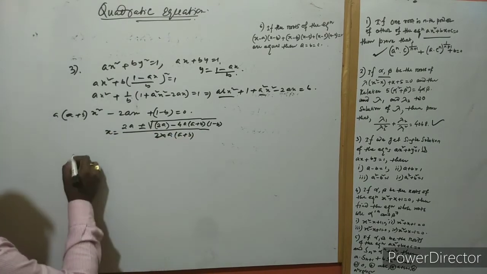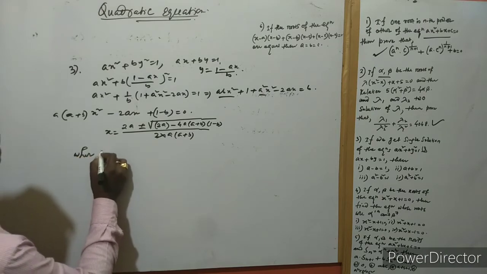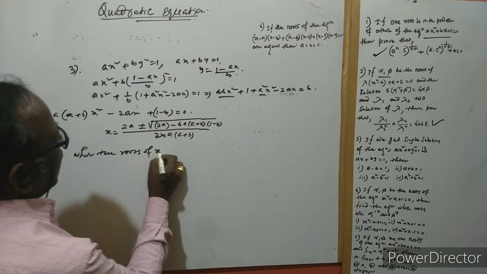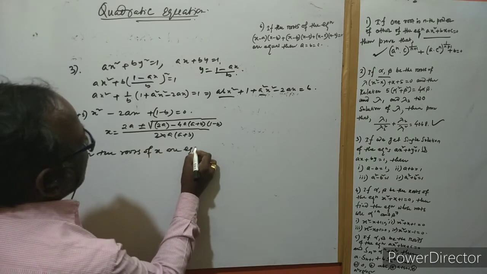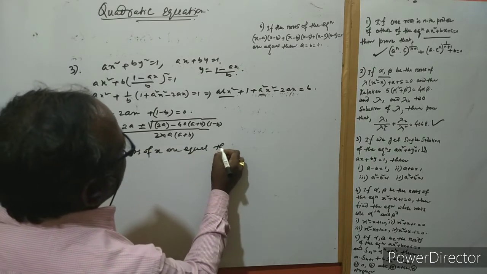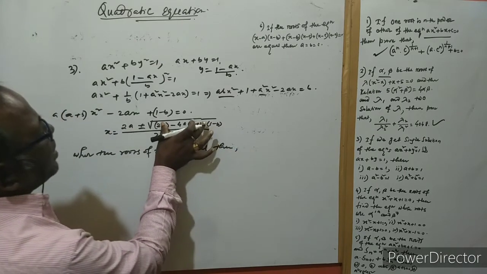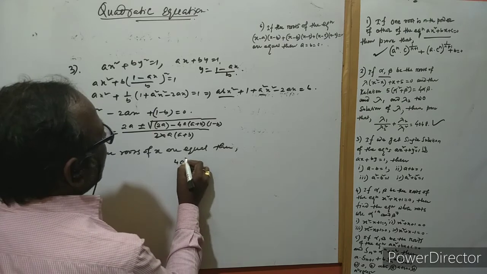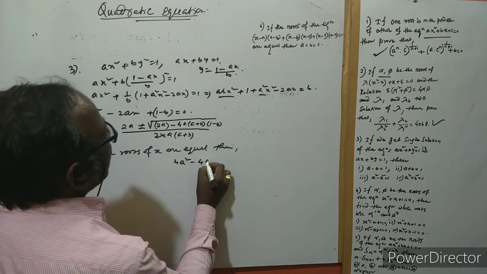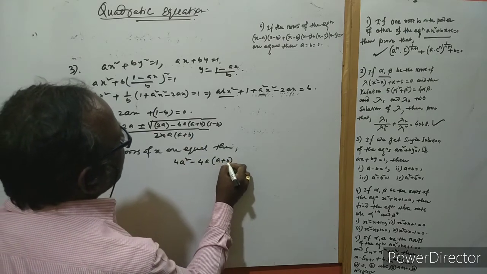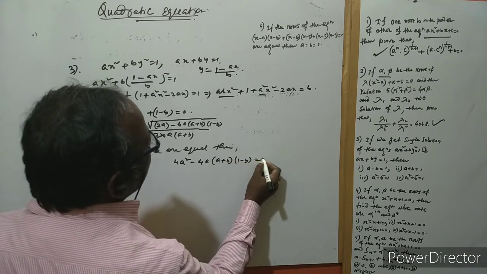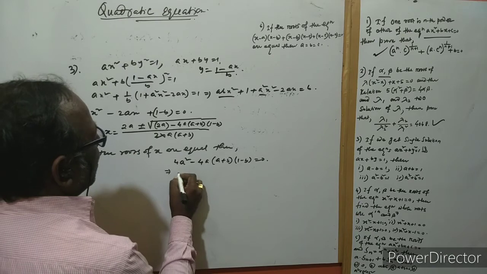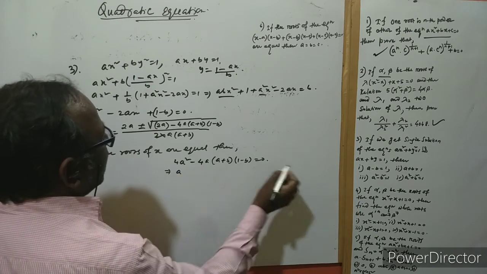And when the roots of x are equal, then the discriminant, this part is called the discriminant, is equal to 0. So this is 4a square and this is 4a into, within the bracket, a plus b and 1 minus b equal to 0. Okay, now cancel the 4, on the right hand side also 0 here.